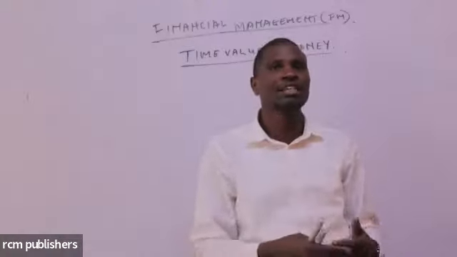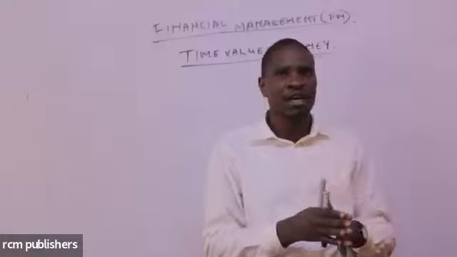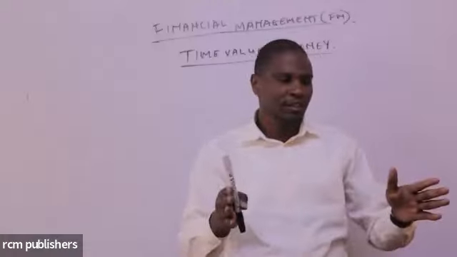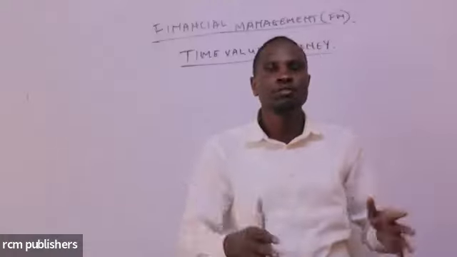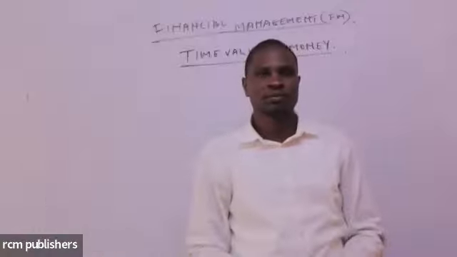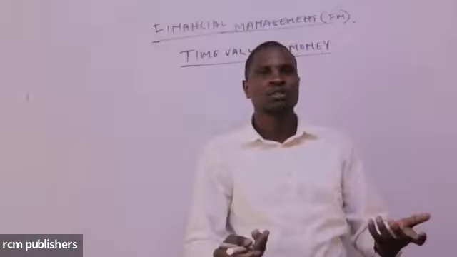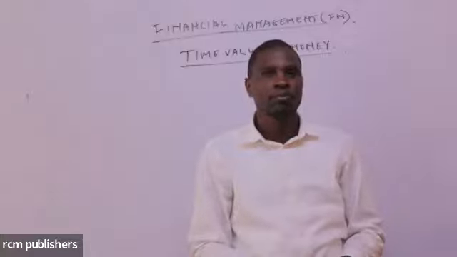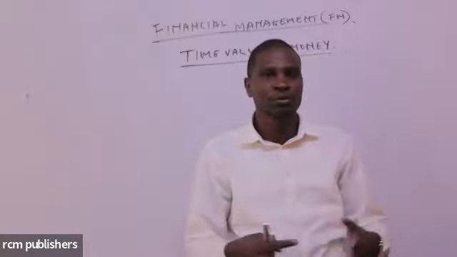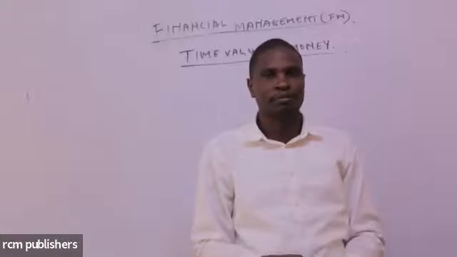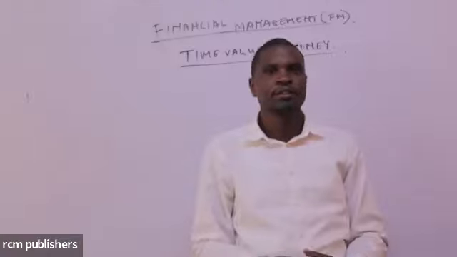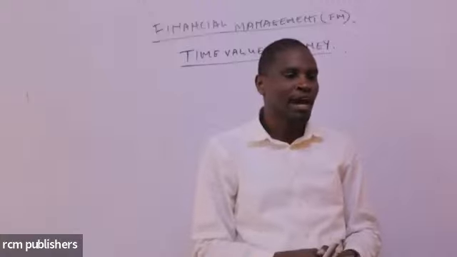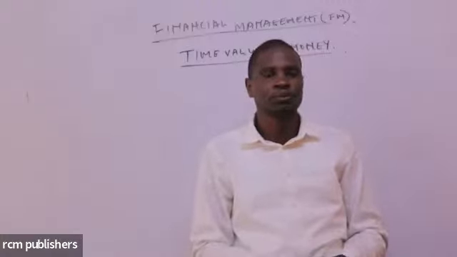The value of a shilling has depreciated to the fact that nowadays, even if somebody gives you several shillings, you ask yourself, where am I going to take this money? It has no value. But during those days, it had value.